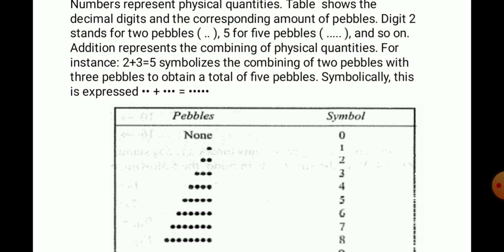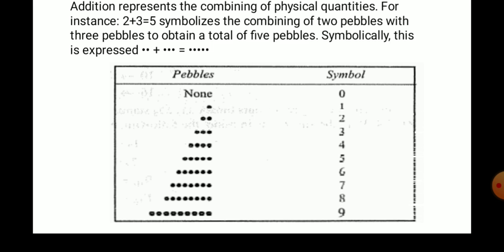For example, 2 plus 3 equal to 5. This symbolizes combining 2 pebbles with 3 pebbles. That means we are combining the physical quantities 2 with 3, and we get a total of 5 pebbles.